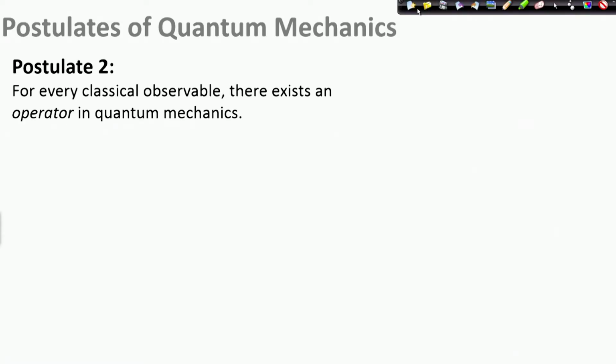We will continue our discussion further, especially to the second postulate, which gives us a recipe as to how we can get some information about the system. The second postulate says that for every classical observable, there exists an operator in quantum mechanics.